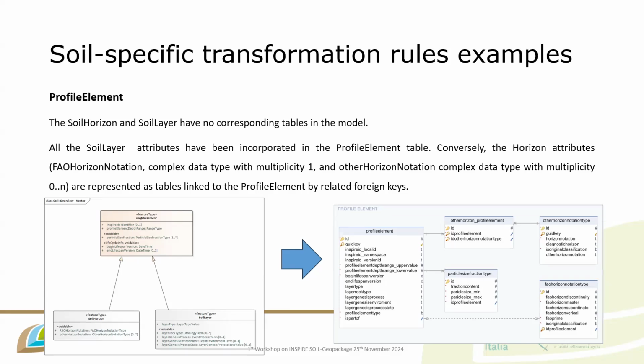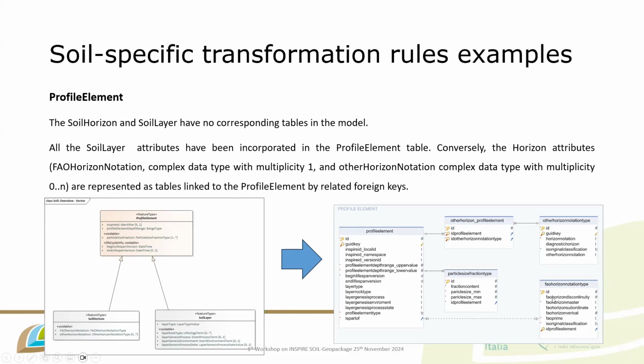So, for example, the FAO horizon notation type, which characterizes the soil horizon, is a table you can see on the right. And you can see all the attributes in the FAO horizon notation type table. These are part of the INSPIRE complex data type.